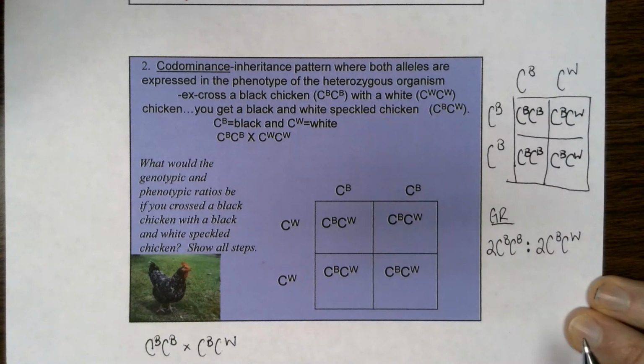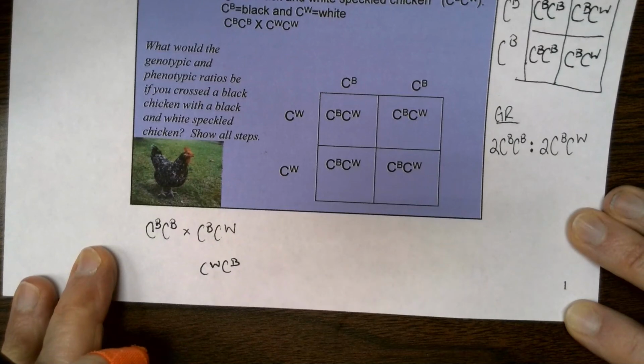And that can be C^W C^B. It doesn't really matter. You can switch those as long as you're consistent the whole time with how you write them. If you write the B and then the W in the heterozygous individual first, then you want to do that every time. If you wrote C^W C^B, then you would want to do that every time as well, okay?